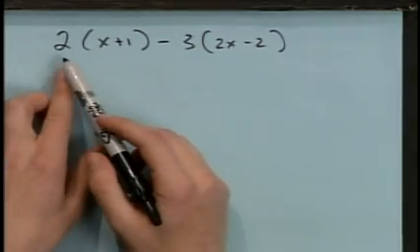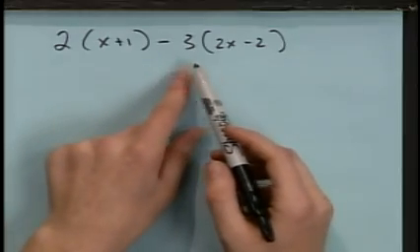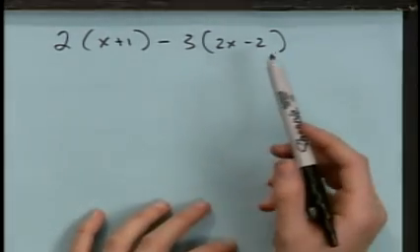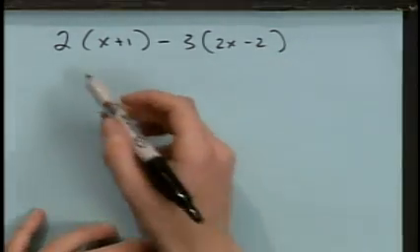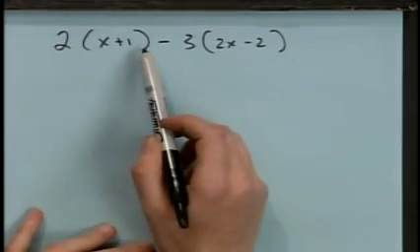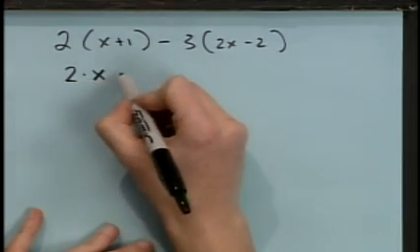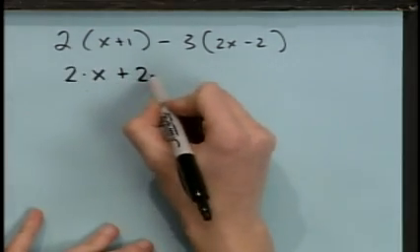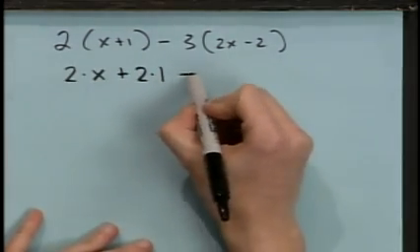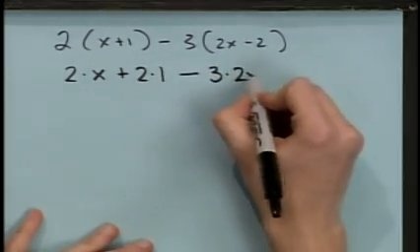So, here we have 2 times the quantity x plus 1 minus 3 times the quantity 2x minus 2. So we're going to use the distributive property to distribute this 2 throughout this whole expression. So 2 times x plus 2 times 1 minus, this is 3 times 2x.